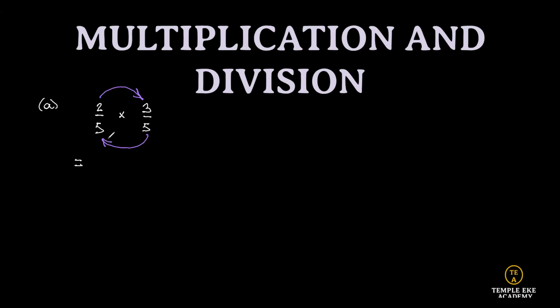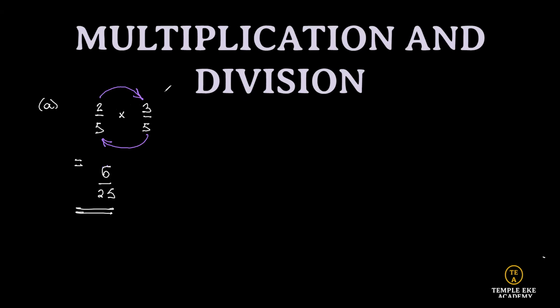And that means we're going to have 2 times 3 in the numerator, and that's going to give us 6, divided by 5 times 5 in the denominator, and that gives us 25. Our final answer. Very simple.